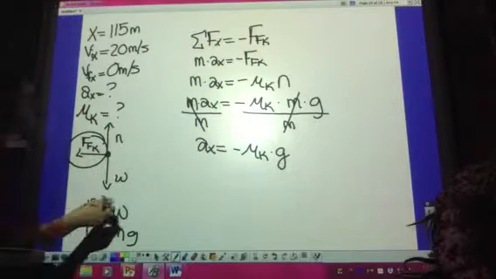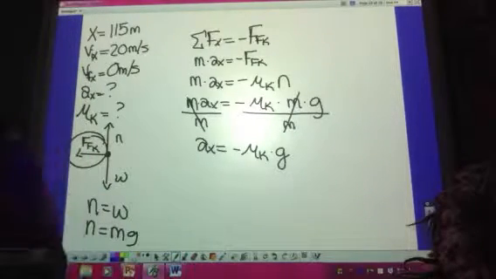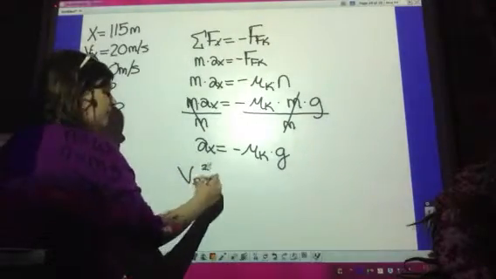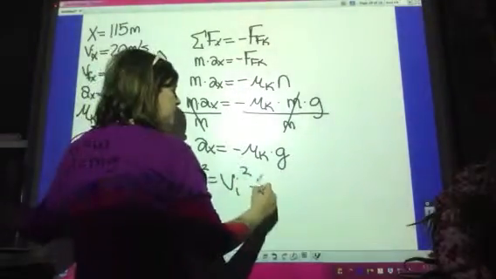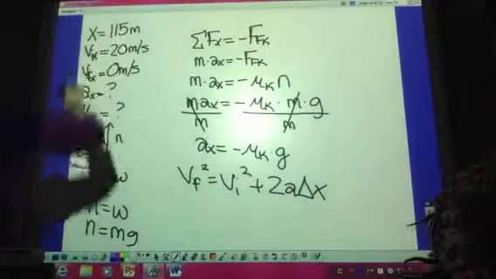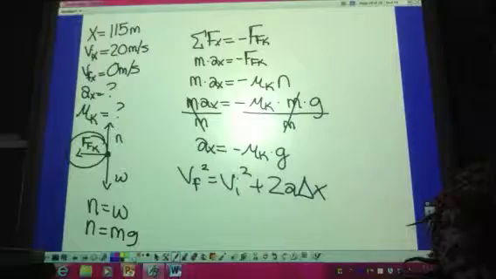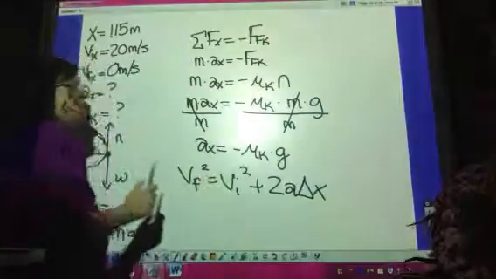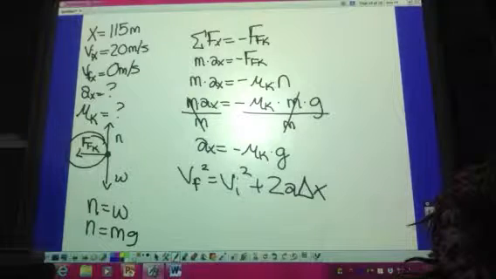So, oh my gosh, let's use a kinematic equation, and then I'll bet we'll get what we want. So let's use Vf squared equals Vi squared plus 2a, and then that change in x, which would be 115. So when I have a, I'm going to substitute this in here for a, and let's just see what happens with that.